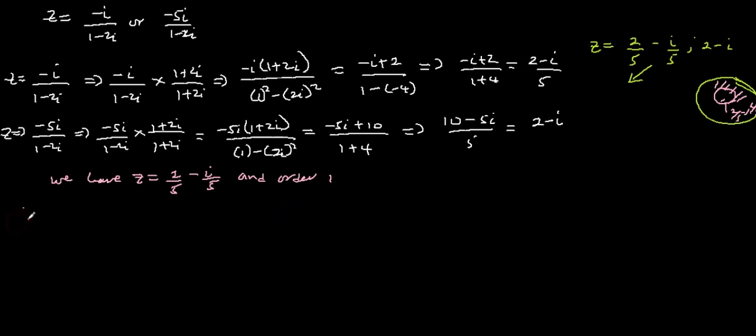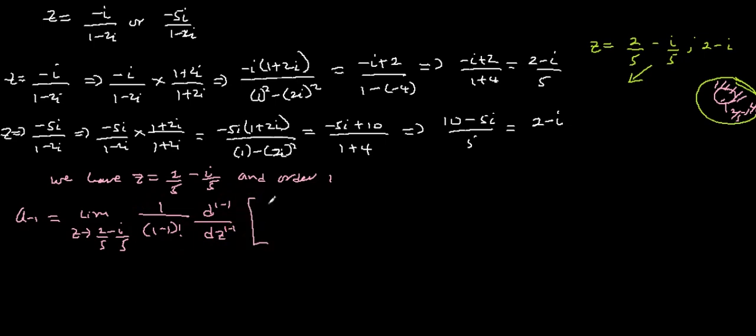So remember our formula, a minus 1, which is equal to the limit as z tends to 2 over 5 minus i over 5 of 1 over 1 minus 1 factorial, the derivative of order 1 minus 1, of z minus 2 minus i divided by 5.